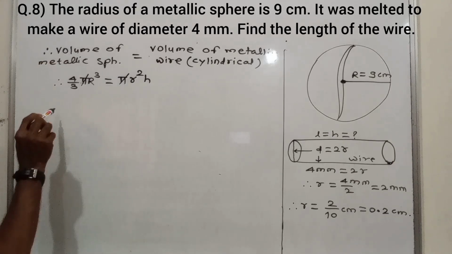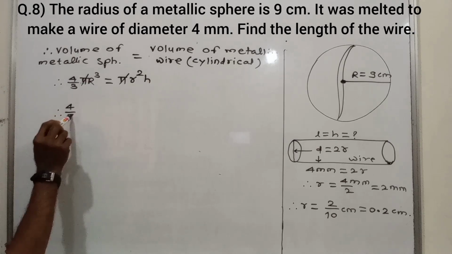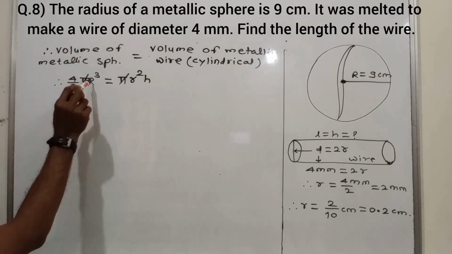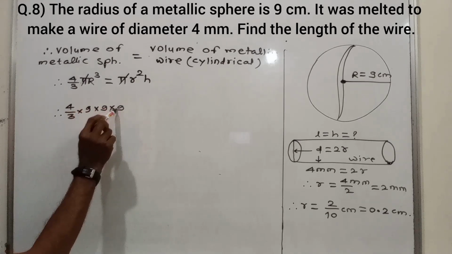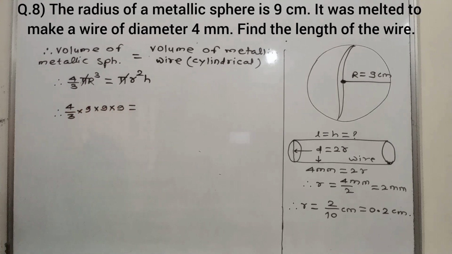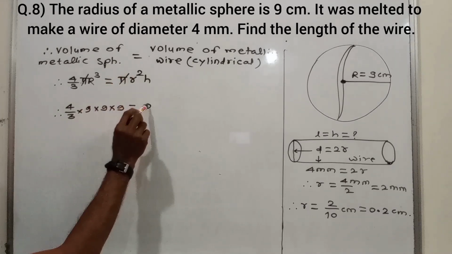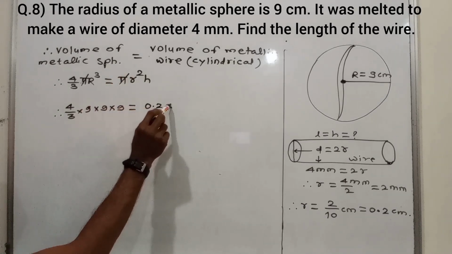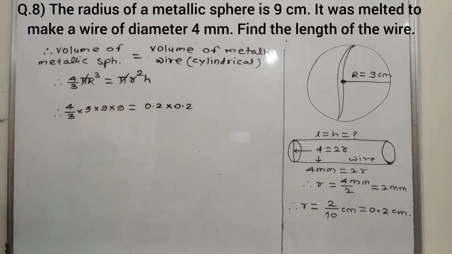Then we put values. See, 4 upon 3 into R, 9 into 9 into 9, R cube, no? Here R square, 0.2 into 0.2, R square, no?